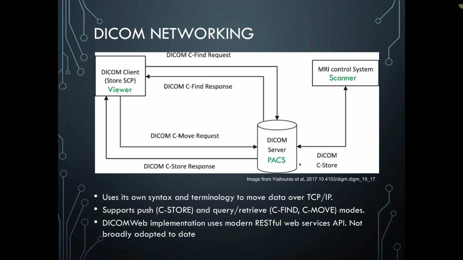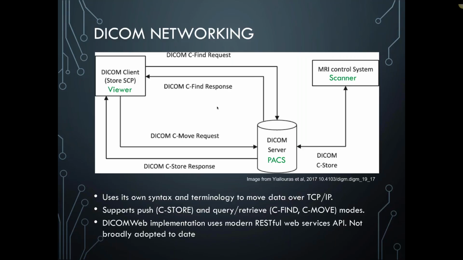The DICOM networking, so this is how, when you have a DICOM file, it's moved around across various information systems. There's a number of kind of unique terms that are used within the DICOM standard to describe how the images are moved and how queries are made.